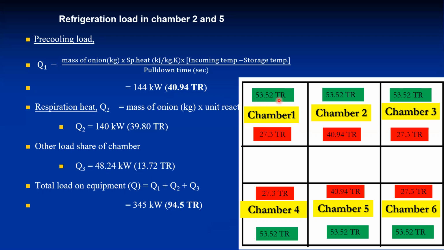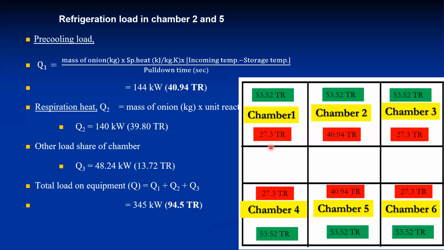So this is good. That means, for example, that is 26 TR, two evaporators for meeting regular load, and almost 15 TR of two evaporators meeting pre-cooling load. So there are four evaporators that need to be installed in chambers.